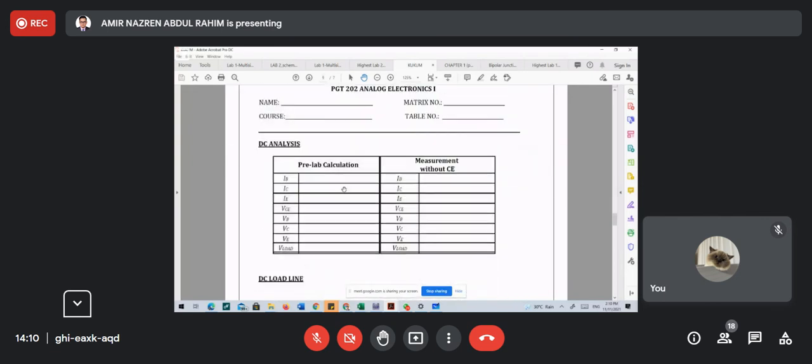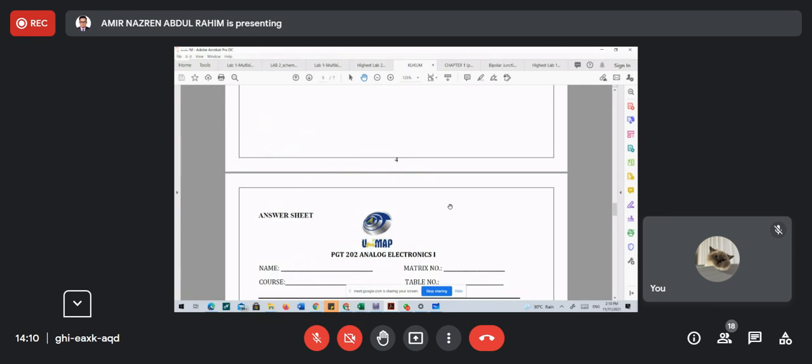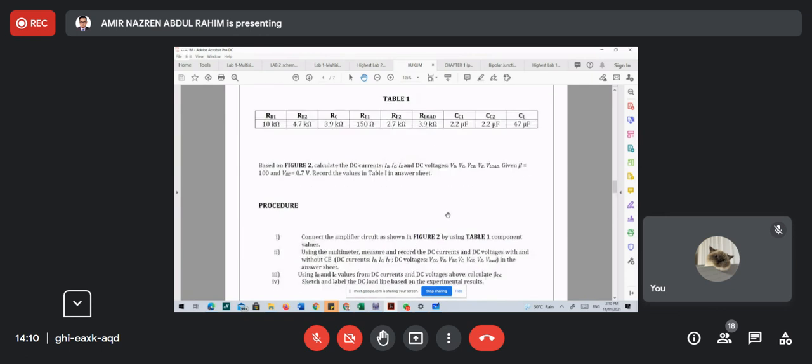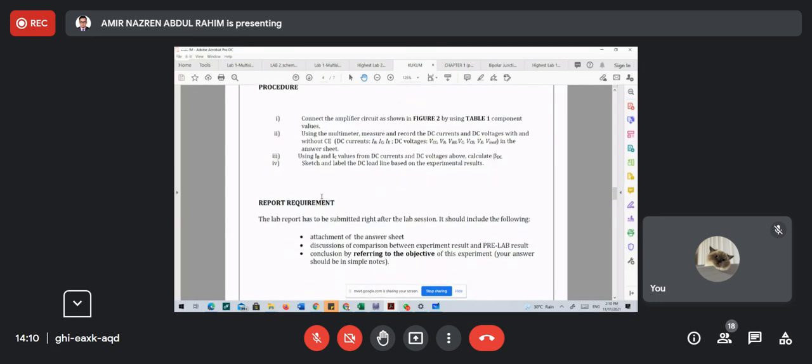I think this is table 1. So in table 1, we have a pre-lab calculation that we need to do on our paper first. Later on, after this calculation, we can proceed with the simulations inside Multisim.